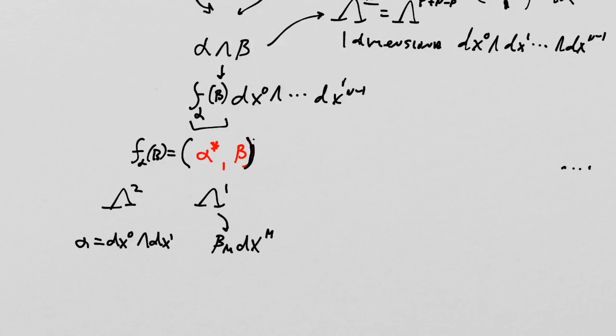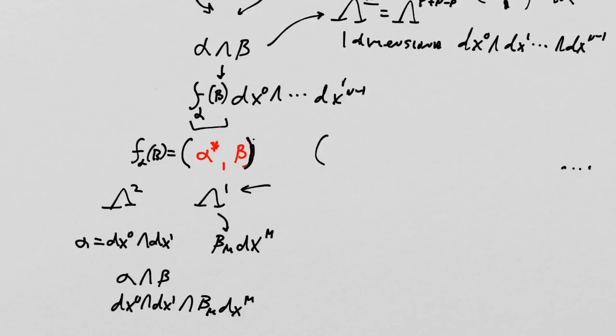And I'm going to form alpha wedge beta, which is going to be dx0 wedge dx1 wedge beta mu dx mu, like that. And so now I am going to be interested in showing this inner product, right? The inner product I want is the inner product of some unknown member of the first exterior power.